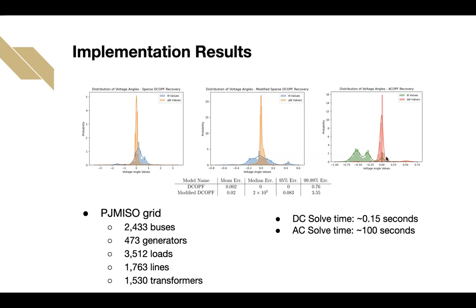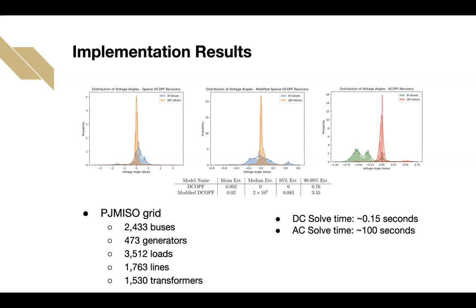And then finally, we also ran an AC power flow recovery on this same data set. We can see that the change in angles has really similar distributions between the modified model, when we add in that penalty term, and the ACOPF. However, the actual angles themselves are kind of different.